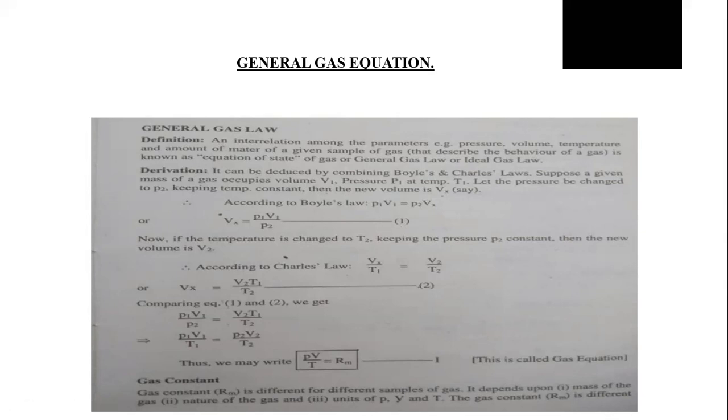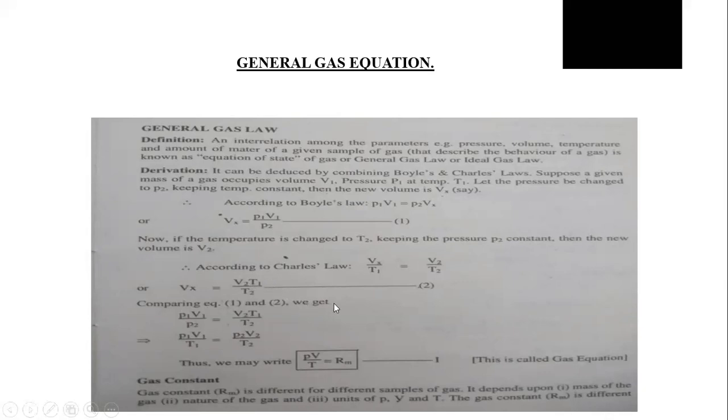Now if the temperature is changed to T2, keeping the pressure P2 constant, then the new volume is V2. According to Charles' law, Vx over T1 equal to V2 over T2. Vx equals to V2 T1 over T2, because T1 is dividing on this side, so on the other side it will be multiplied.